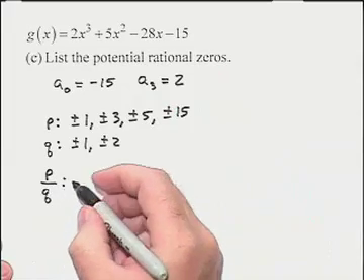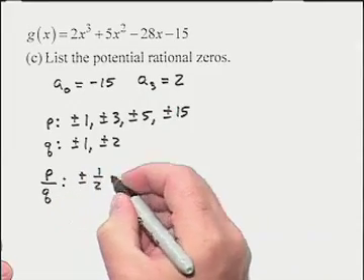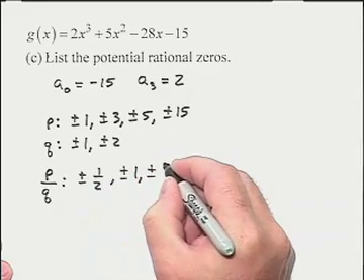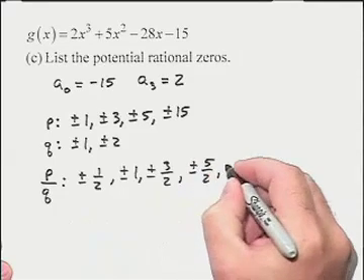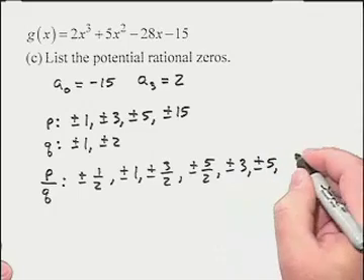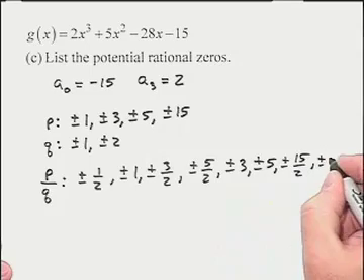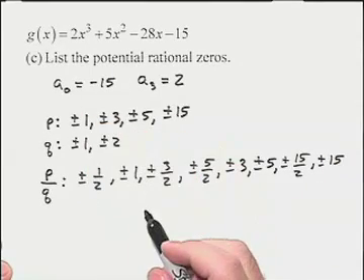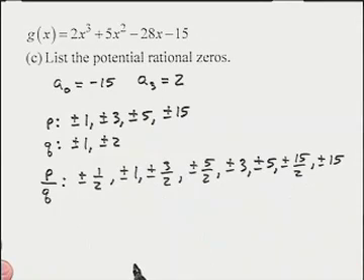If we look at all possible ratios, we'll get plus or minus 1/2, plus or minus 1, plus or minus 3 halves, plus or minus 5 halves, plus or minus 3, plus or minus 5, plus or minus 15 halves, and finally plus or minus 15. So if our function g has a rational zero, it must be one of these 16 that we've listed here.